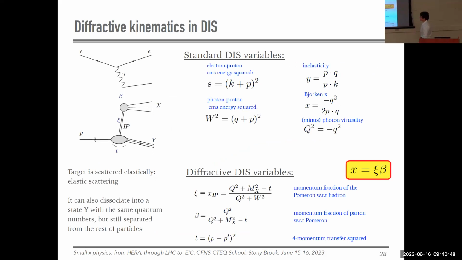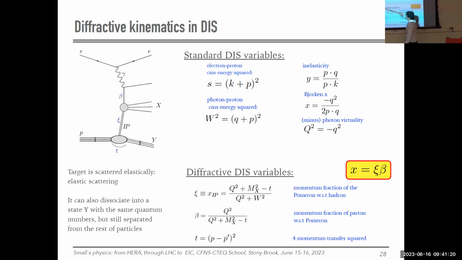Now, in this diffractive process, in addition to the standard variables, there are diffractive variables, xi or x_P, beta, and t. So this xi and beta, when you multiply, give you x, because these are just momentum fractions. So xi is the momentum fraction of this exchange with respect to the hadron.